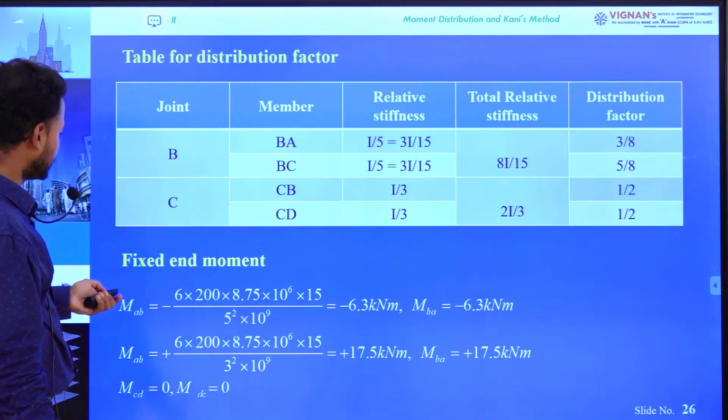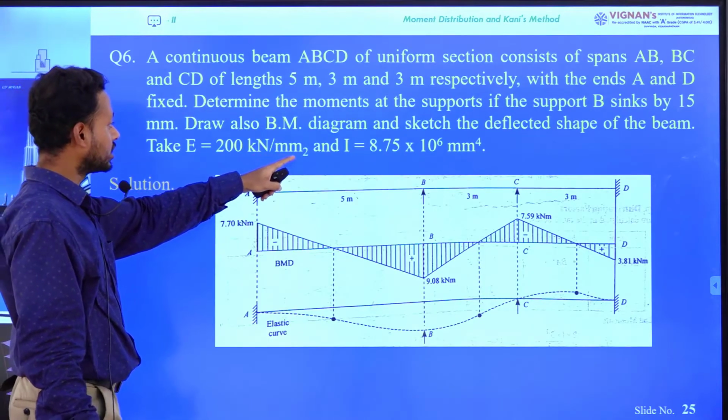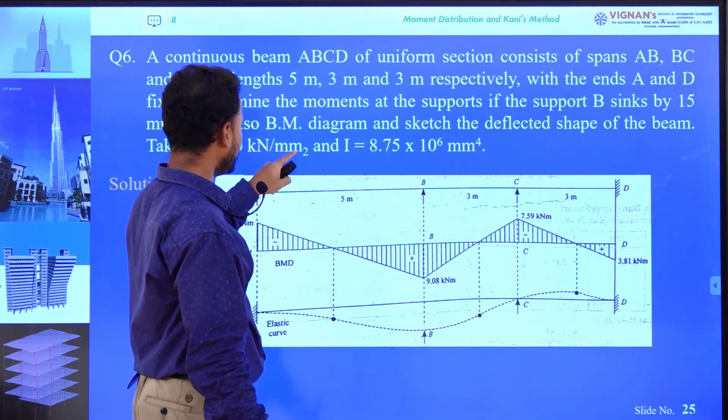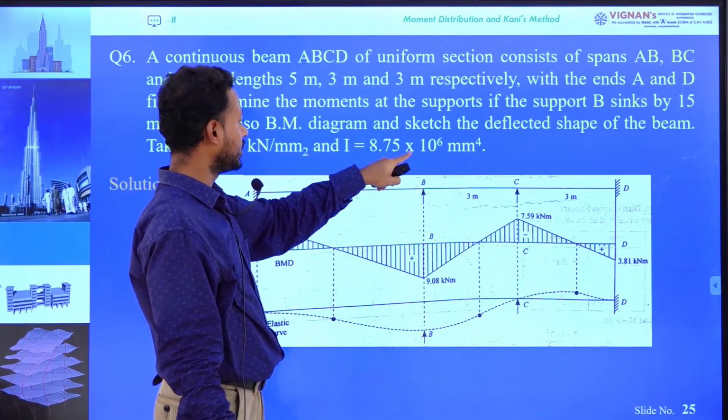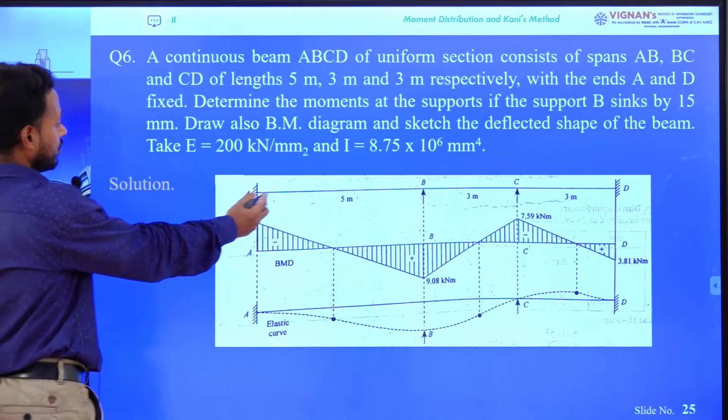Okay, so what is the value of EI? EI is given here as 200 kilonewton meter square, and I is 8.75 into 10 to the power 6, and L is given 5.